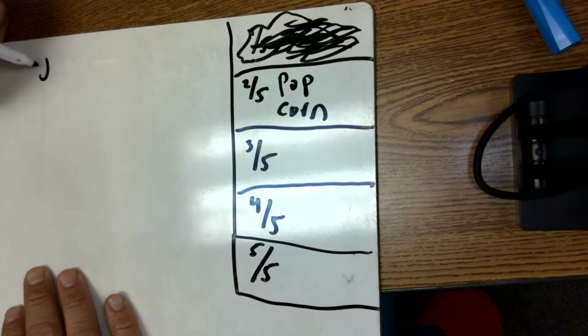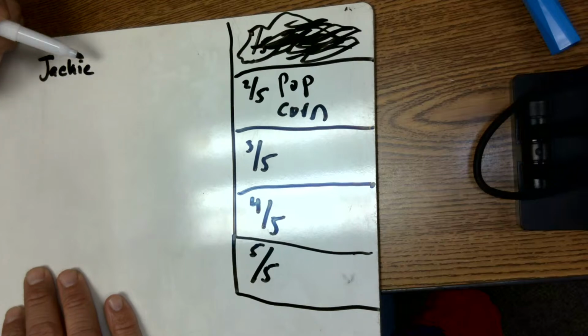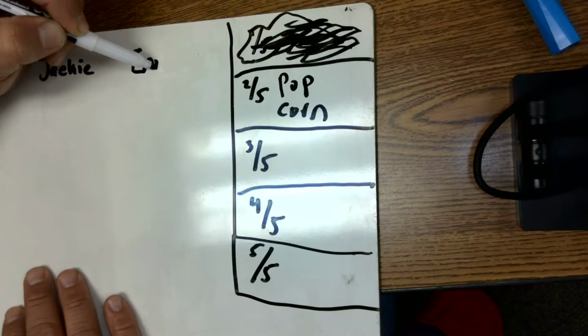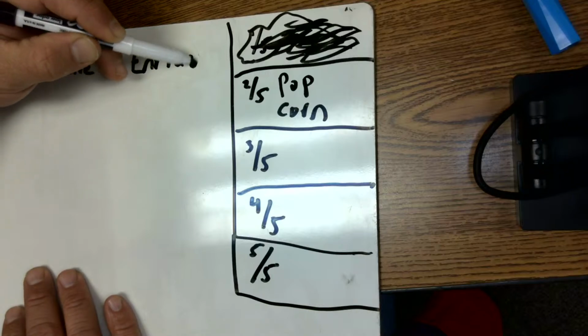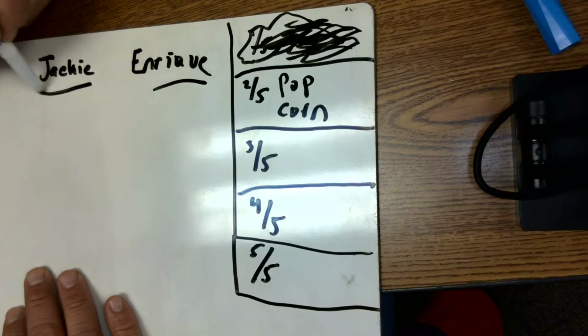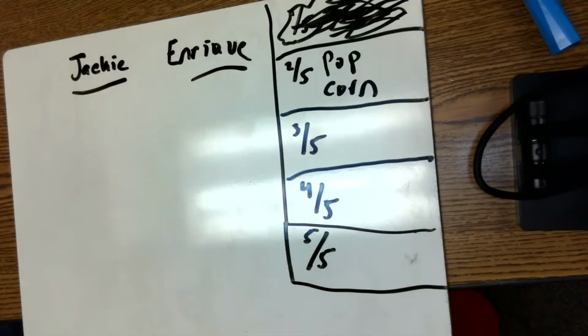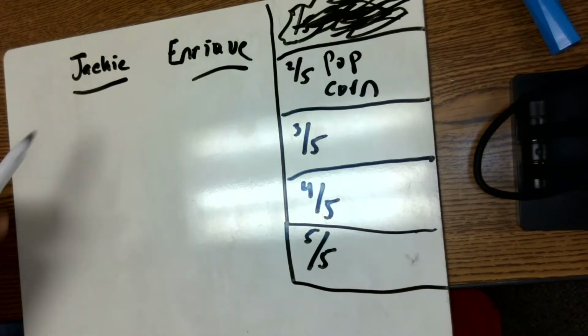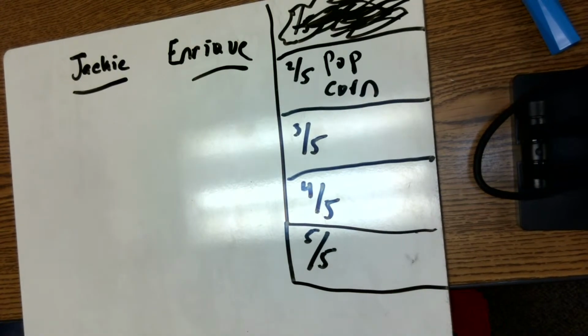So let's see. Now we've got Jackie and Enrique, right? Well, now we're not worried about 1/5. That's already gone. We're worried about this. Split up the 4/5.